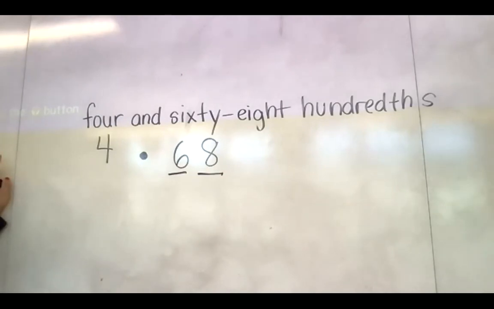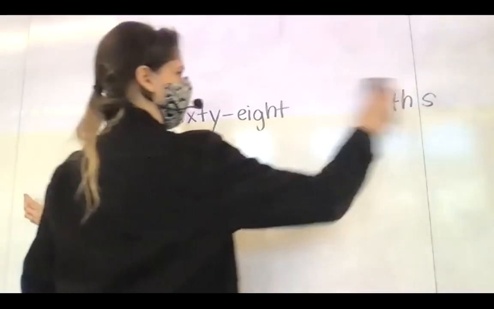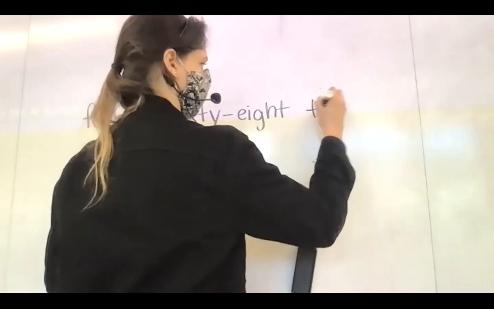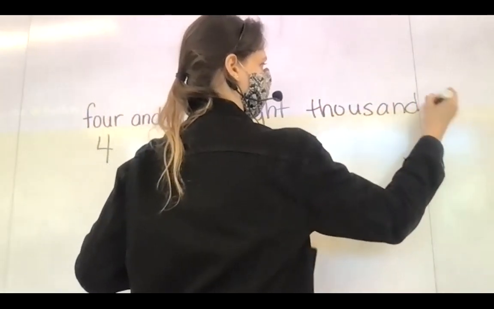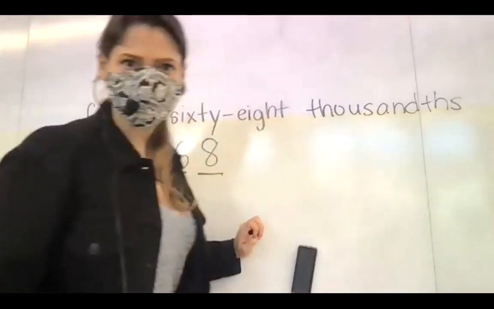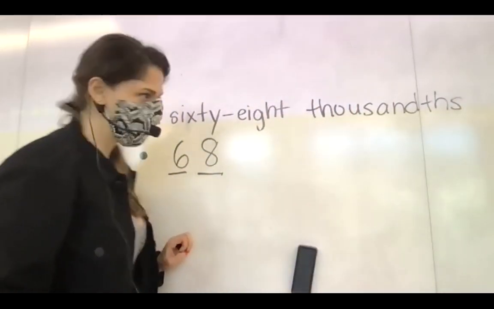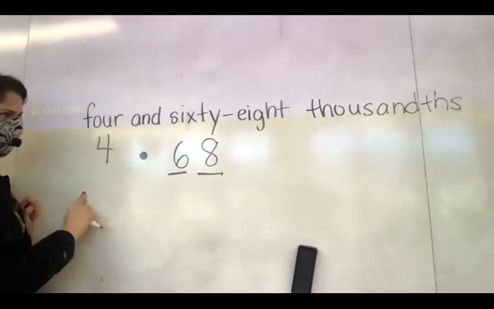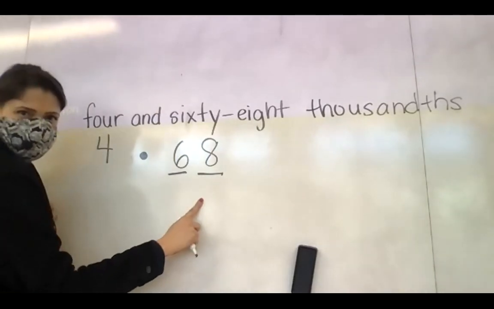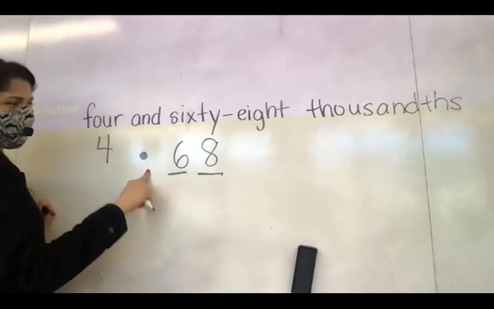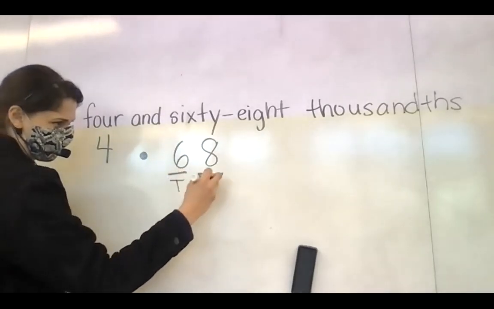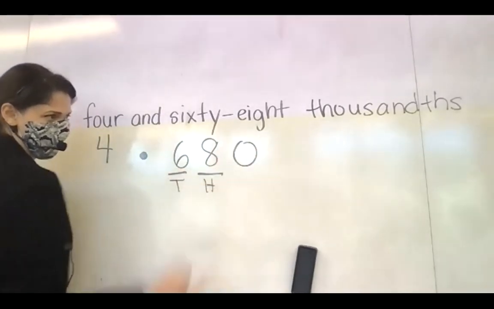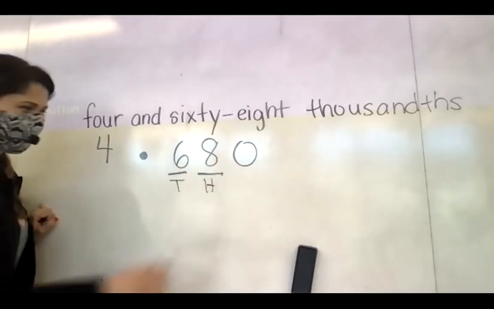Awesome. What if I said 4 and 68 thousandths? What do I have to do? Clarissa, what do I have to do? Is this correct? Well, read it. 4 and where did it end? Add a zero. Right here? No. Where?